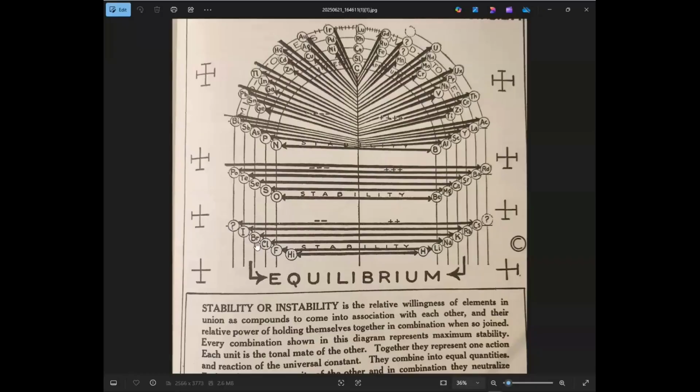So we see that the +1 and the -1s, they bond together in whatever octave. So the chlorine and sodium are in the fifth and sixth octave. But then you go up to the seventh octave, seventh and eighth octave.